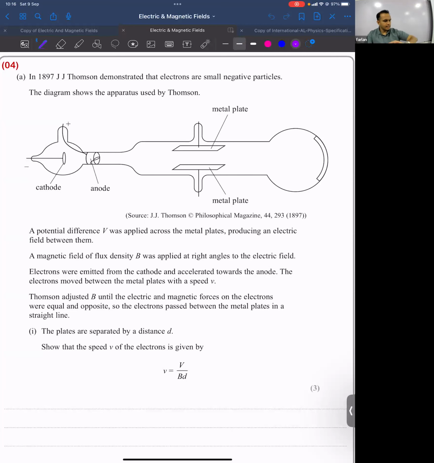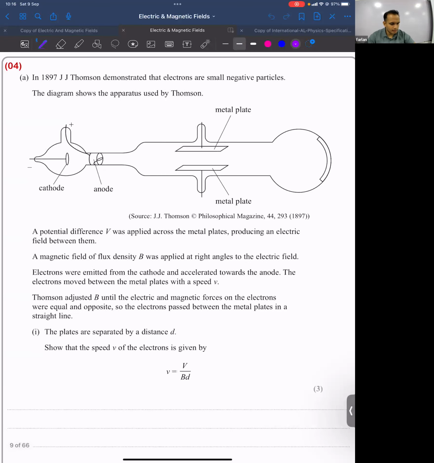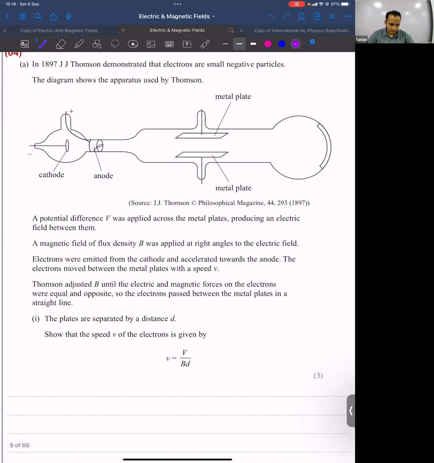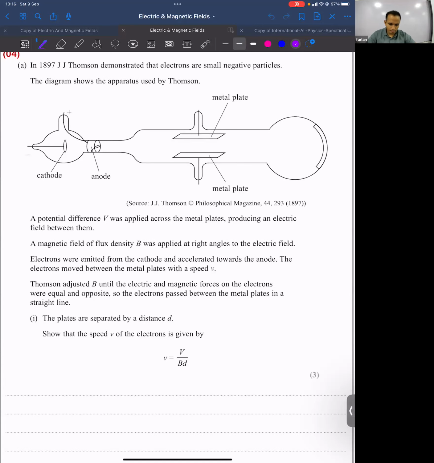In 1897, J.J. Thomson demonstrated that electrons are small negative particles. The diagram shows the apparatus used by Thomson. A potential difference V was applied across the metal plates, producing an electric field between them.